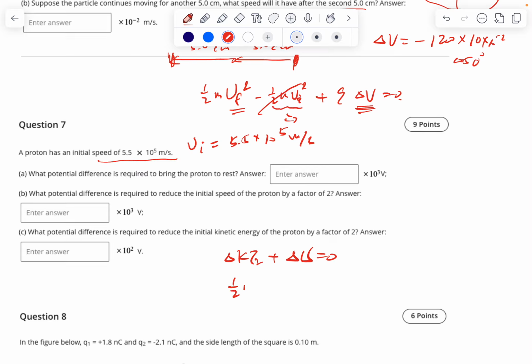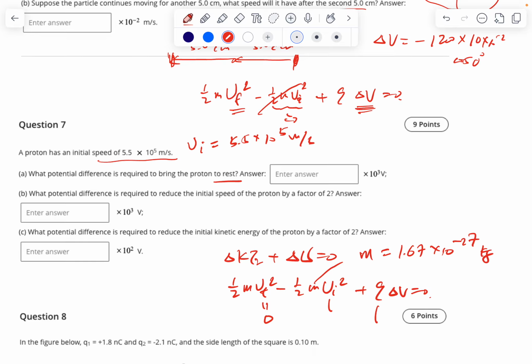The change of kinetic is final minus initial, and bringing it to rest means the final speed is 0, plus q delta V equals 0. We know the initial speed. Also, the mass of the proton is 1.67 times 10 to the negative 27 kilograms, and the charge of the proton is 1.6 times 10 to the negative 19 coulomb.